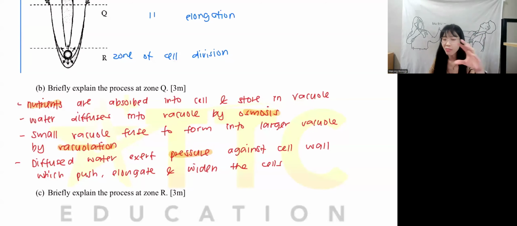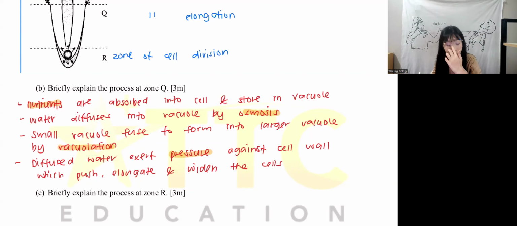So they will carry out mitosis when they are going through this zone of cell division. Who carries out mitosis is the meristematic cell. So meristematic cells are arranged closely. They carry out mitosis and increase the number of cells. As they increase the number of cells, they will elongate into the zone of cell elongation.